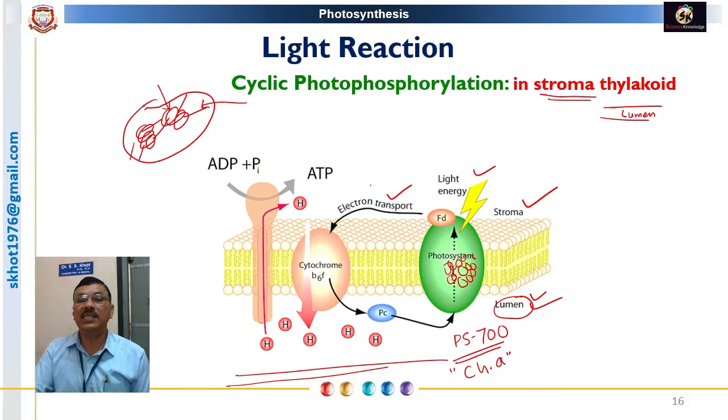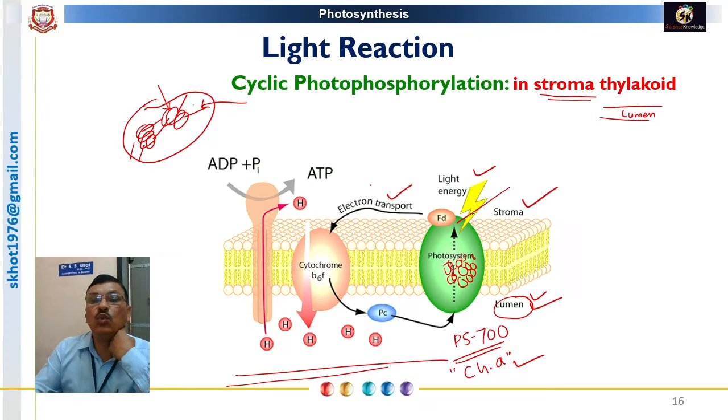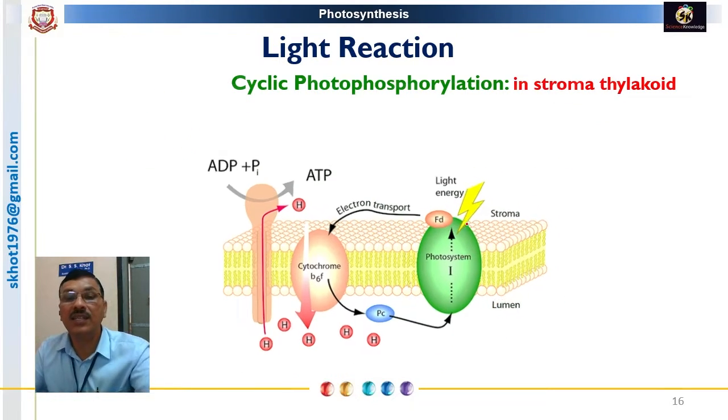This light energy will excite the electron present in this photosystem. That electron is donated by the reaction center chlorophyll A. As soon as it is donated, it is captured by an unknown molecule, which is the first molecule that captures the electron, and then this unknown molecule transfers it to the ferredoxin. This unknown molecule is the electron acceptor, and then this electron is given to the ferredoxin.